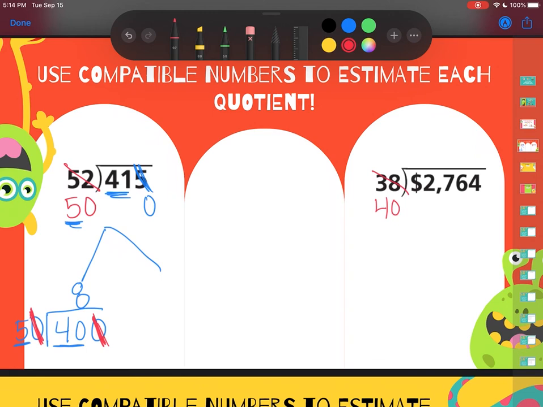Now, let's try our estimate that was above 41. So our next multiple of 5 that's above 41 is going to be 45. But remember, we had that 0 that we need to add to the end of our number, so we end up with 450. So now my problem is 450 divided by 50.